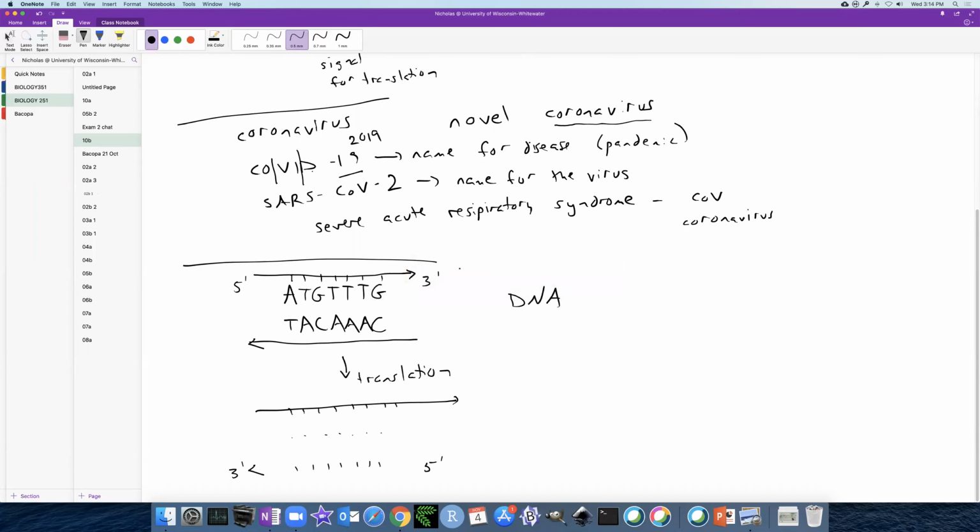So this is the coding strand, otherwise known as the non-template strand. And it's complementary to the non-coding, otherwise known as the template strand.